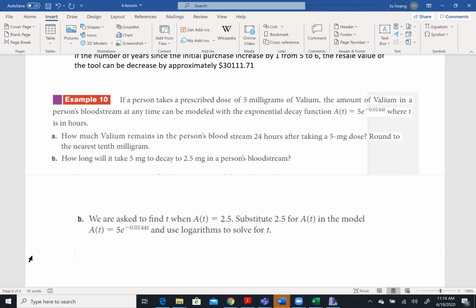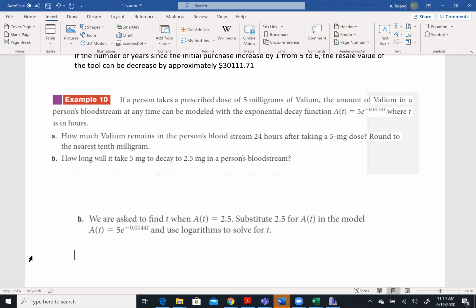If a person takes a prescribed dose of 5 milligrams of Valium, the amount of Valium in a person's bloodstream at any time can be modeled with the exponential decay function A(t) equal to 5 times e to the negative 0.0144t, where t is in hours.